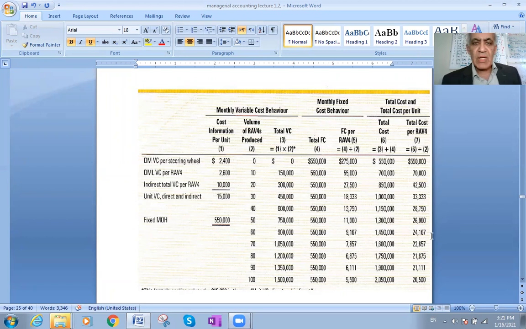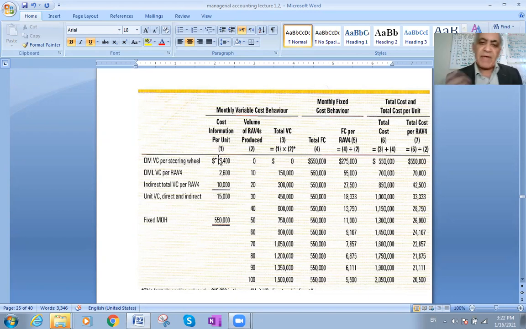Anyhow, let us start. If I give you an example like this, those are the cost information. So we are counting the variable costs. Variable costs are related to the volume of production. The more you produce, the more the variable costs will be.